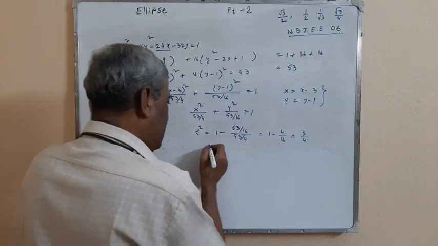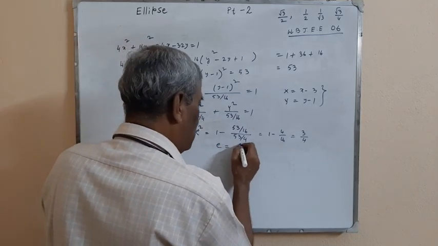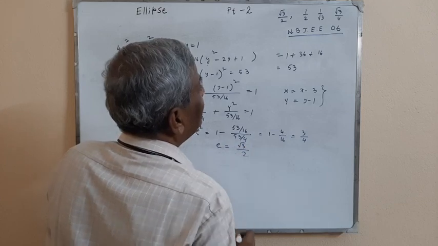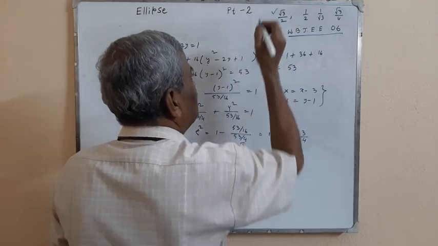So eccentricity e is equal to root 3 by 2. So this is the eccentricity.